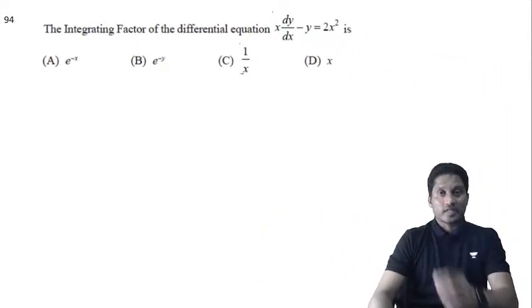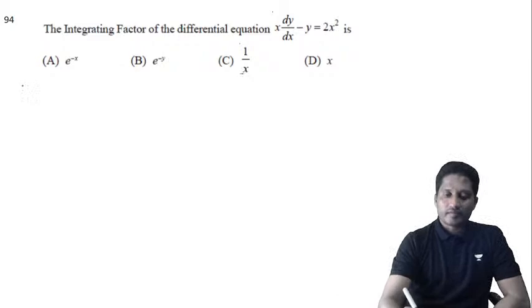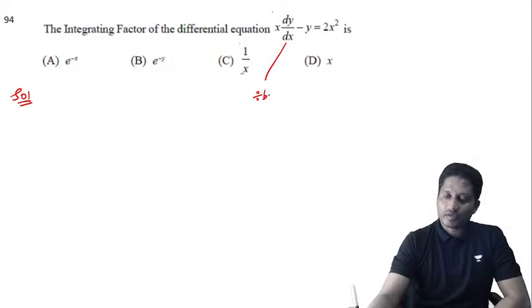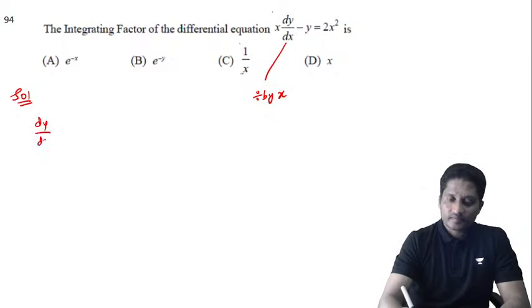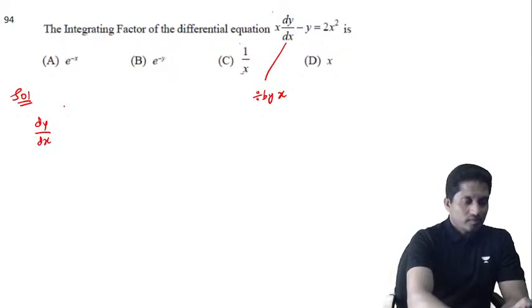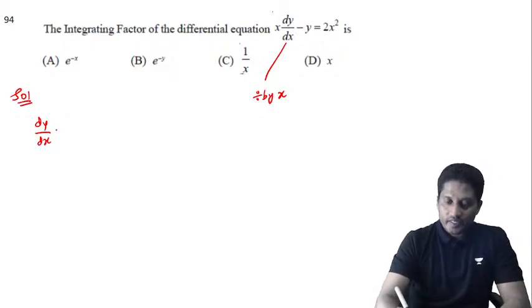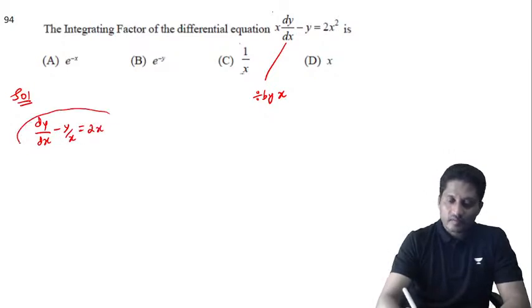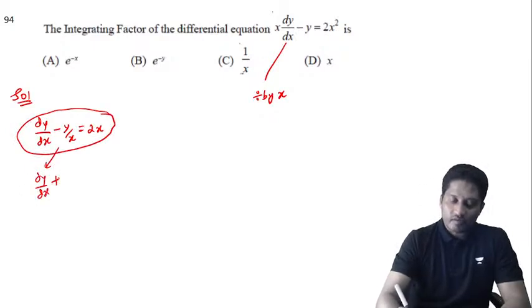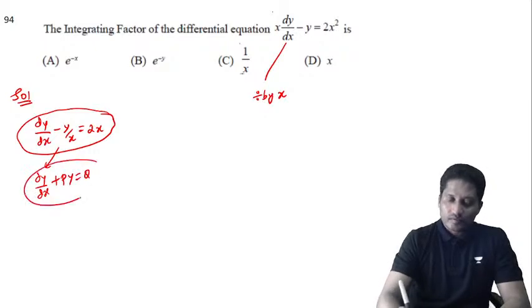Question number 94. What is the integrating factor? Alright, boards, you have done linear differential equation, right? If you divide throughout by x, I will get dy by dx minus y by x is equal to 2x. Now this is of the form dy by dx plus Py is equal to Q. Now P is equal to minus 1 by x.